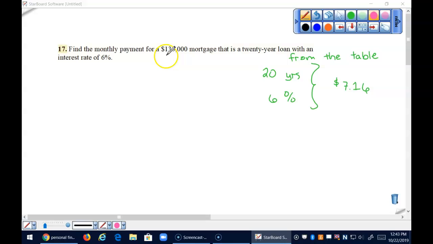Yeah, I'm going to take this 130, peel off the 1,000, and what's 130 times my $7.16? 930.